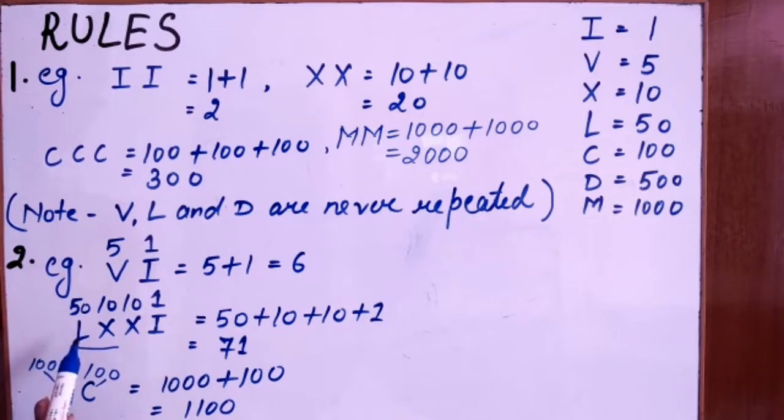In that case, we will add the values. 50 plus 10. And in this, 1 is smaller than 10. 10 plus 1 is equal to 71. Understood? Let's see one more example. MC. The value of M is 1000 and the value of C is 100. 100 is smaller than 1000. So we will add 1000 plus 100 is equal to 1100.